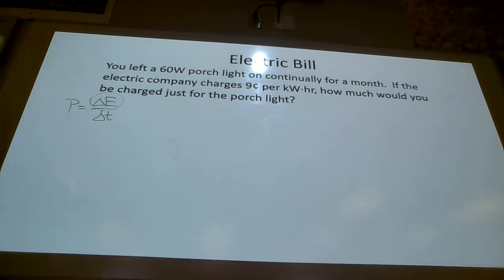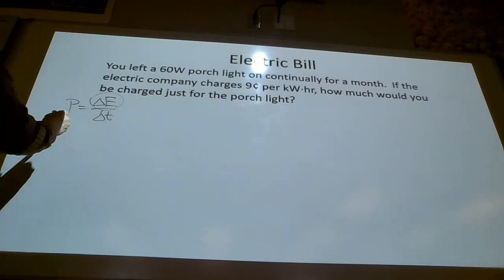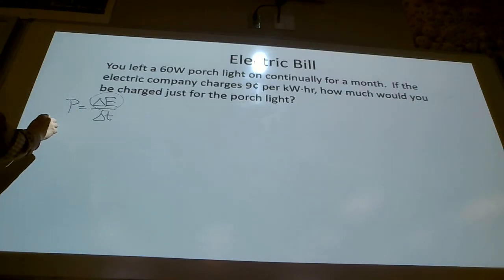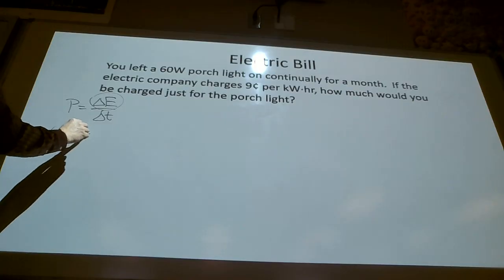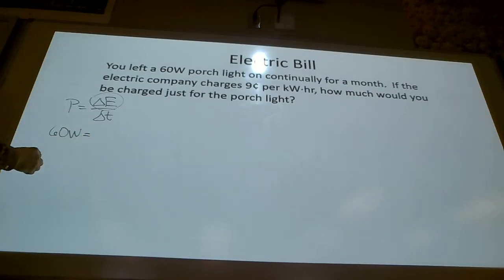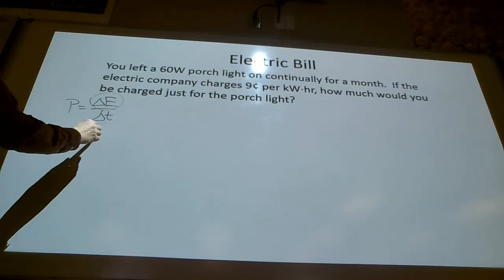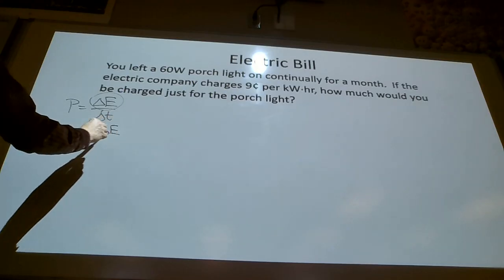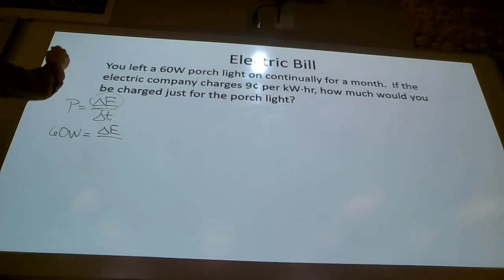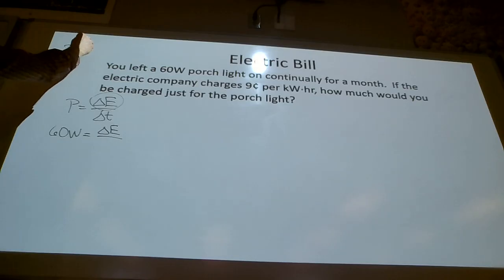We have a 60 watt porch light that's left on continually for a month. If you get charged 9 cents per kilowatt hour, how much do you get charged for the porch light? So we have 60 watts, that's your power. And now we need time. So we're going to assume that there are 30 days in our month.